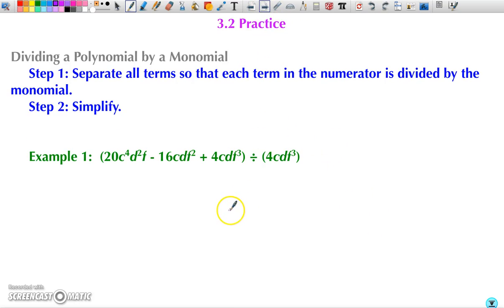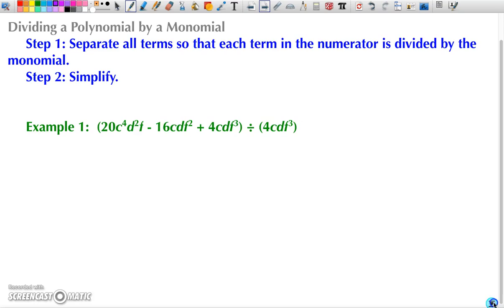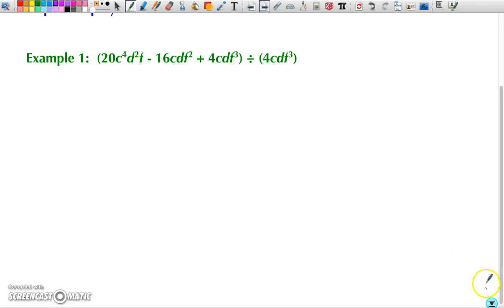Okay, so first we're going to divide by a monomial, meaning one term. Granted, there's a 4cdf cubed, but there's no plus or minus, which makes it just one big term. So what we're going to do is separate each term in the numerator to be divided by whatever your divisor is, and then simplify each thing individually. Let me scroll down so we have a little space here. This division sign means there's your divisor right here.